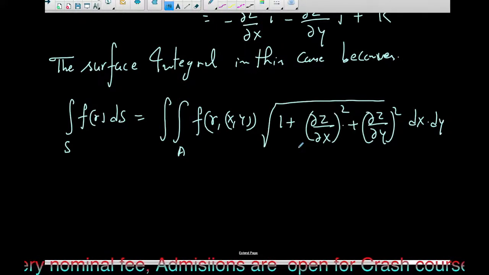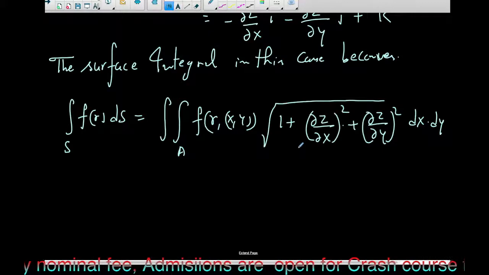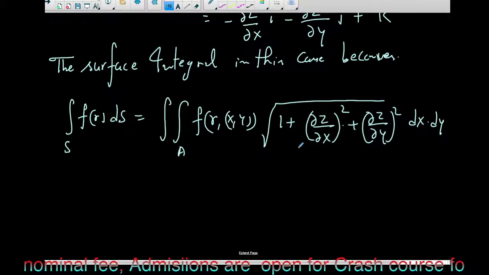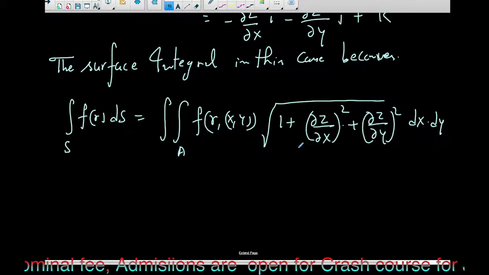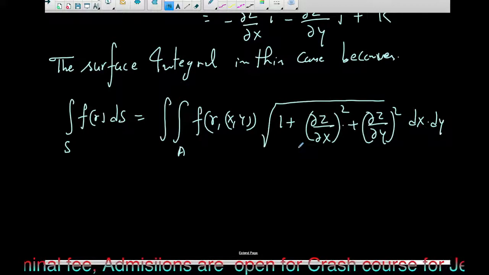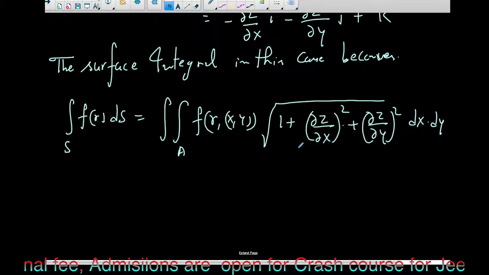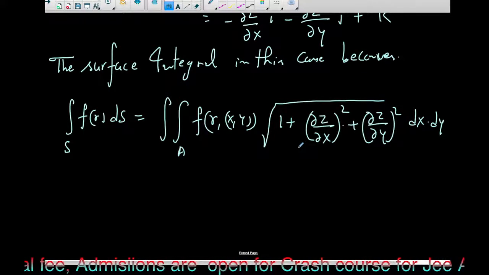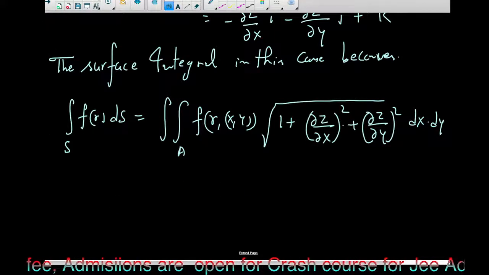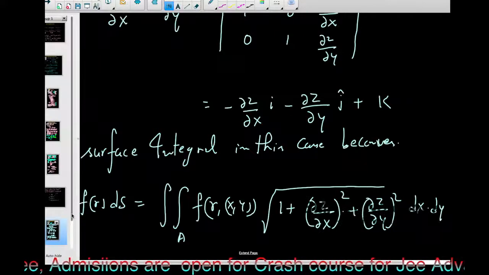For surface integral, we can go for a cylinder, cone, or anything else. So let's take one question so that we can understand this.